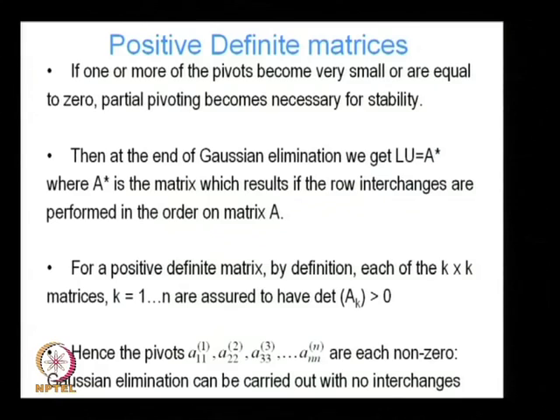What does that mean? That means that if while performing Gaussian elimination we take care to store the multipliers at locations below the principal diagonal, then at the end of Gaussian elimination we are going to get an LU decomposition, and that LU decomposition is going to be the LU decomposition of my original matrix A.